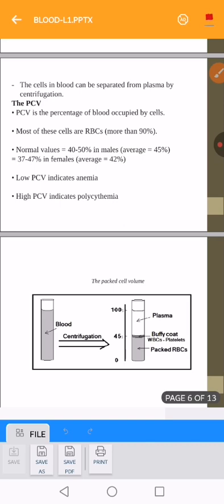If anyone has seen it in the centrifuge, the buffy coat is puffy and white in color. This contains WBCs and platelets. And here, notice the packed RBCs. It's almost 90%. Most of the PCV is RBCs.